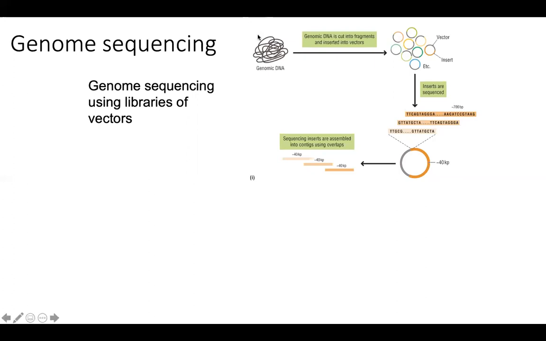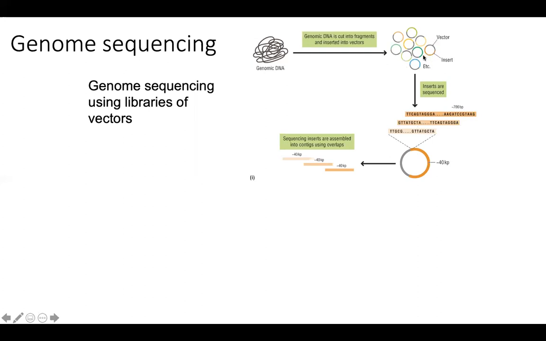We start out with the genomic DNA, thousands or millions of copies of whole nuclear genomes. Then these genomes are cut into fragments. At that point in time, the standard procedure was to clone them into little vectors. These are derived from bacteria or from viruses, and they're basically little mini chromosomes that we add our unknown piece of DNA into.